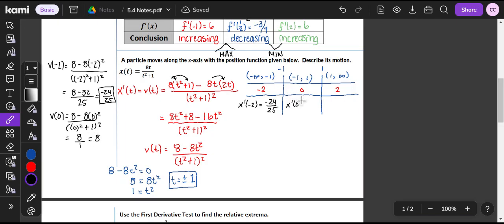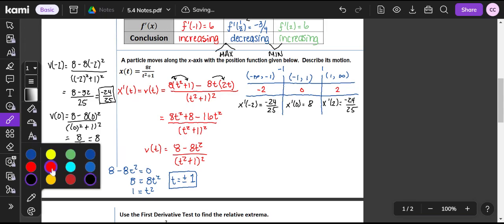So the derivative at 0 is 8. And then I can plug in 2. And when I plug in 2, you're actually going to end up getting the same thing as -2. Because all those 2's are going to be squared. And 2 squared and -2 squared are the same thing. So I end up with the derivative at 2 is equal to -24 over 25.